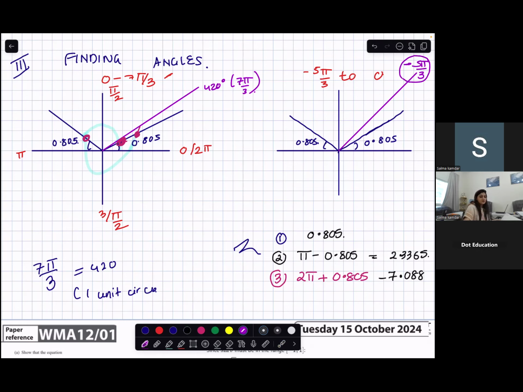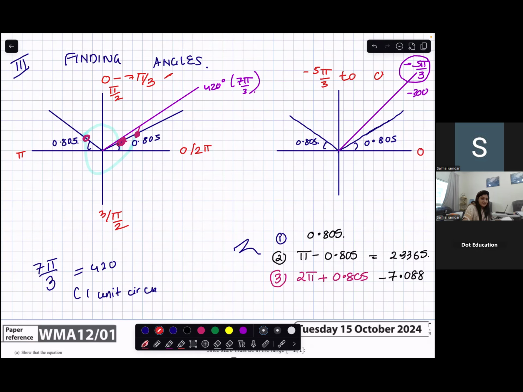So now I have to start my anti-clockwise, and it's minus 5 pi by 3, that is minus 300. So I know it's not even going to complete 1 unit circle. I need to be very clear how many unit circle it's going to complete. Now I write my ranges in negative.